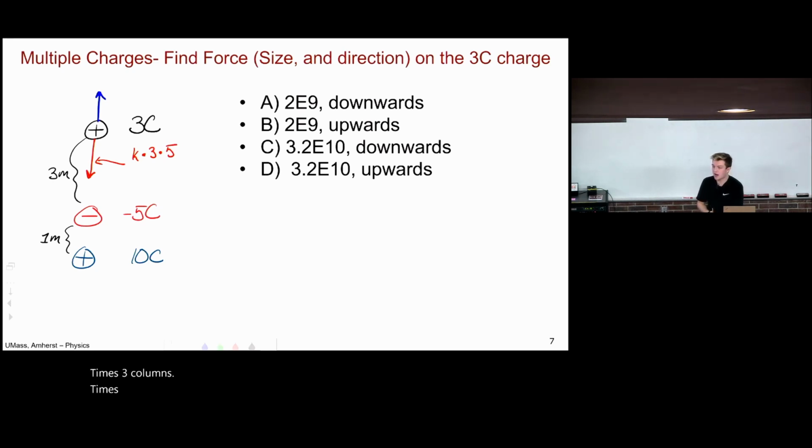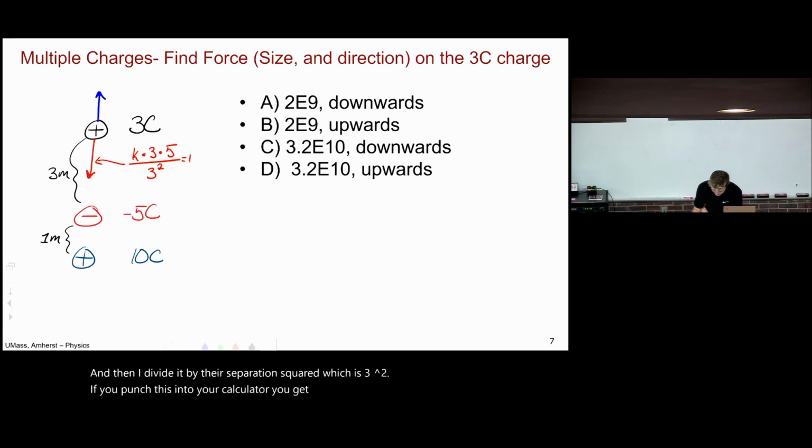Again, I'm using the positive number, and the fact that it's a negative charge is communicated in the fact that the arrow is going down towards the other object. Then I divide by their separation squared, which is 3 squared. If you punch this into your calculator, you get 1.5 E10.